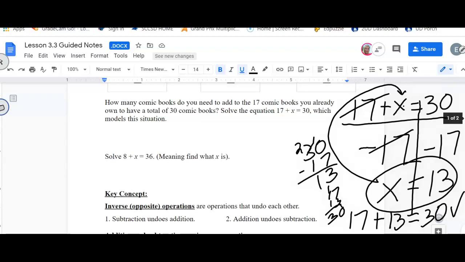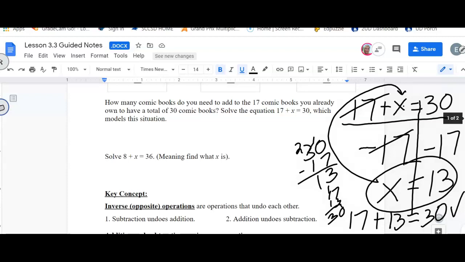In doing this, you have all of your work, you get your answer, and you get to see if you have the correct answer. Okay? If it's not 30 and 30, it's not balanced. So it means you have the wrong value for your variable.